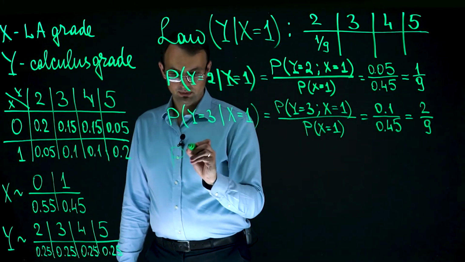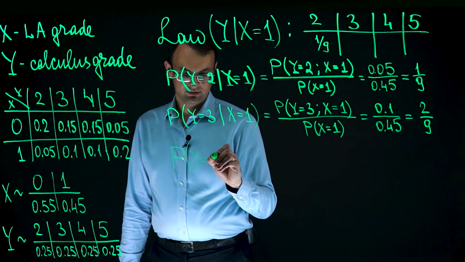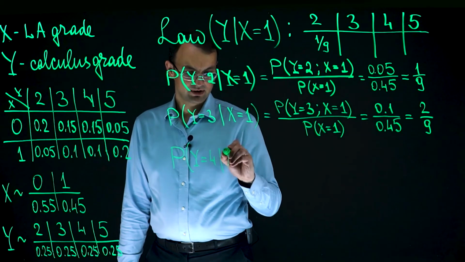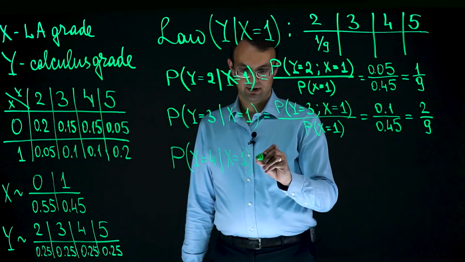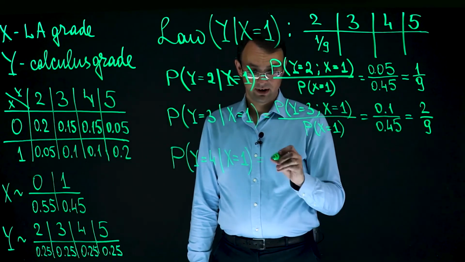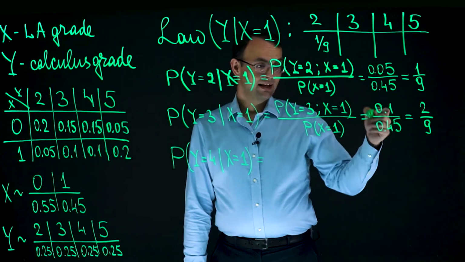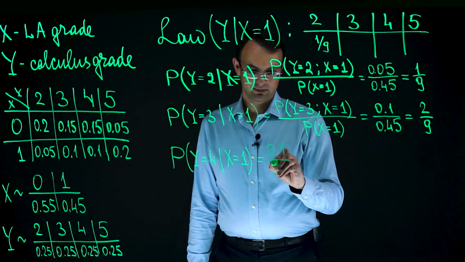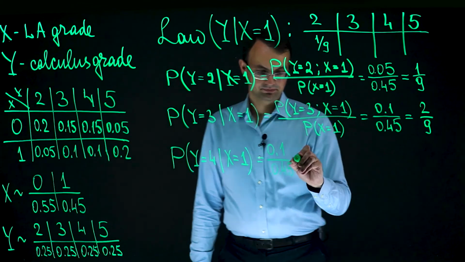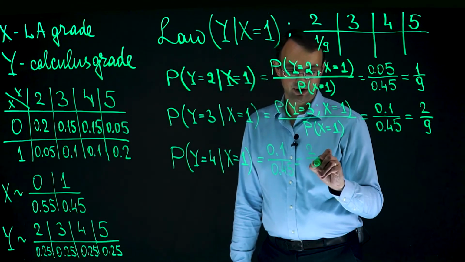The probability that y is 4 given that x is 1 can be found according to the same formula, and its value is the same, 0.1 divided by 0.45, which is also 2 over 9.